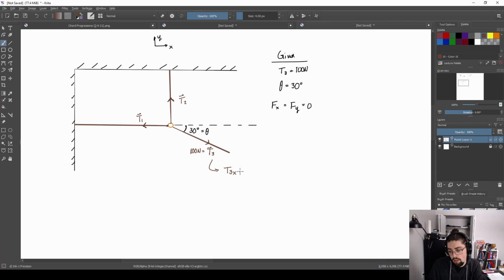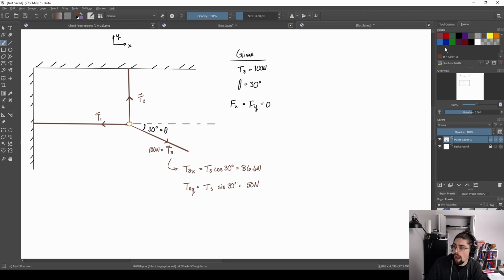T3x, the tension in the x direction, is going to be 100 times cosine of 30, which I should get to be 86.6 newtons. The y component, T3 sine of 30, should be something like 50 newtons.